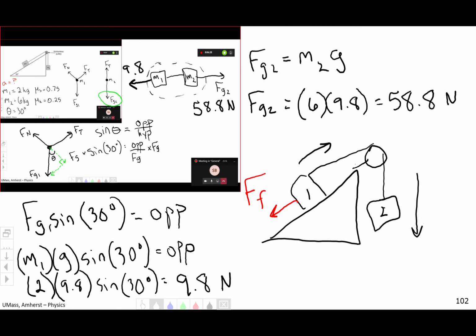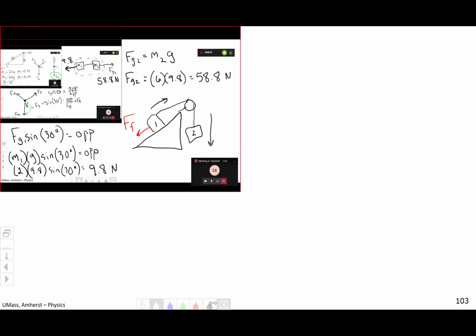So if we are to redraw our free body diagram, our correct free body diagram now for mass 1, we're going to be able to complete it. I know this is Fg, this is the force of tension, this is the normal force, and now we have a force of friction acting in the opposite direction of the tension.